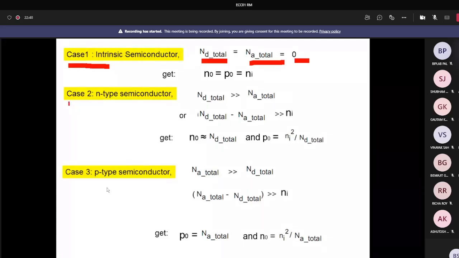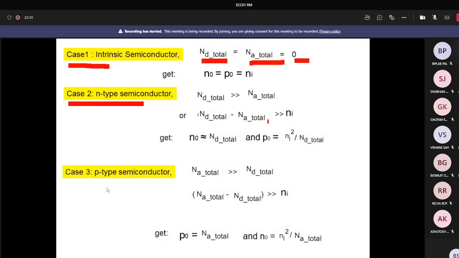Now case 2, n-type semiconductors, where donor atoms are much greater than the acceptors. Suppose there are no acceptors, so only the donors are there. So Nd total minus Na total is much greater than Ni.